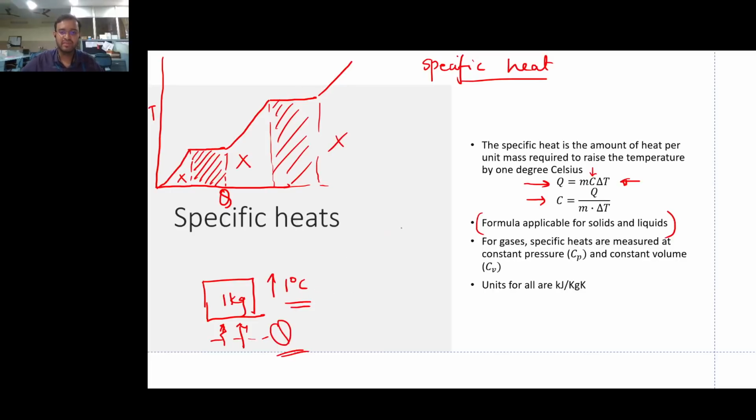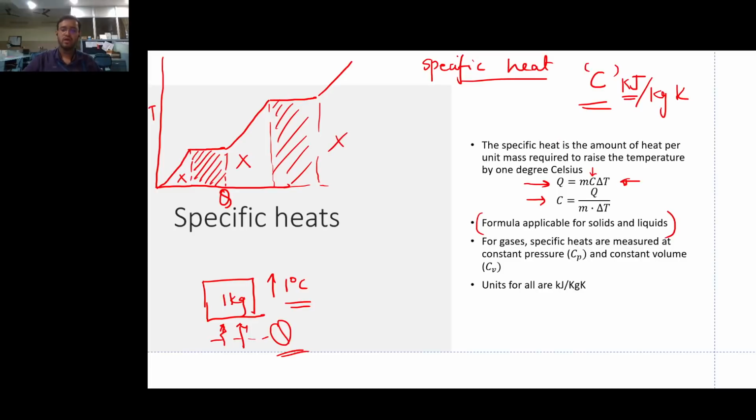It is denoted by the letter C, and its value is given in units of joules per kg Kelvin. Sometimes we also measure it in kilojoules per kg Kelvin.